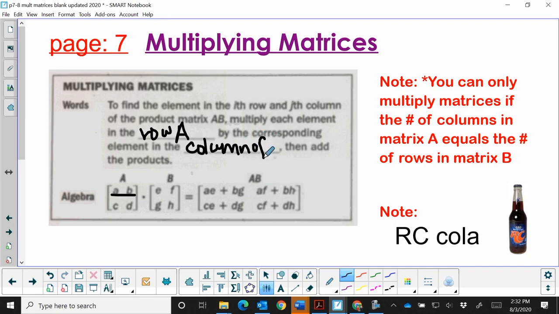I should put the word of here, of B. So row of A by the corresponding element of the column of B.